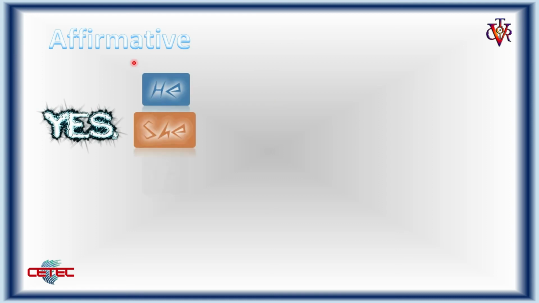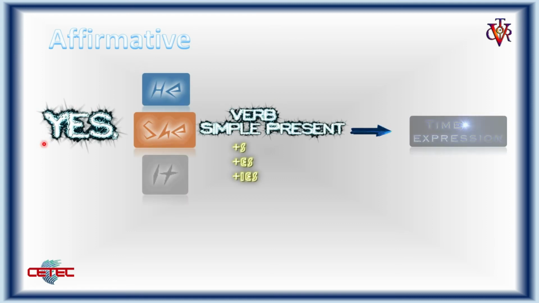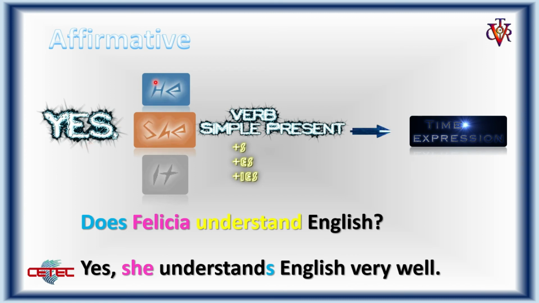Ready? Now, let's check the structure. In affirmative, the answer yes, the subject he, she, it, the verb in simple present. Now we have to add s, es, ies, plus the time expression. Let's see an example. Felicia, it's one person. It's a girl. She. The verb is in simple present.